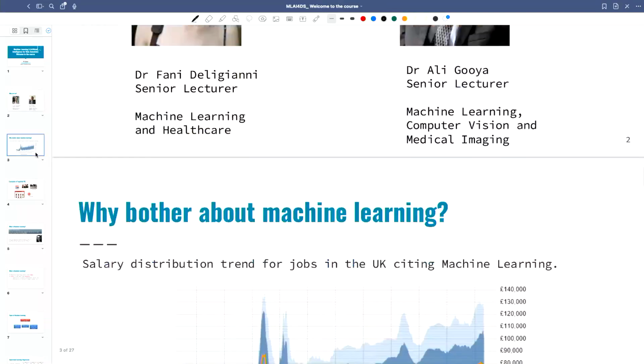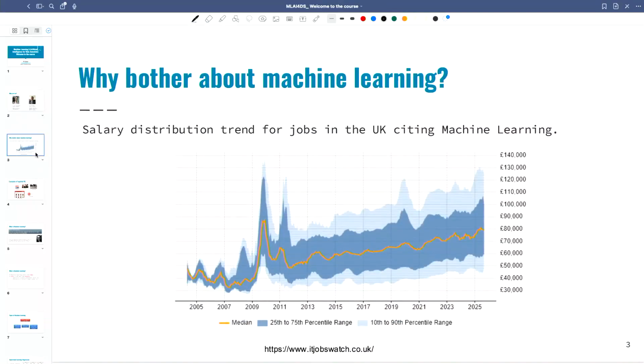Let's see. All right, so the first question that comes into my mind, and maybe your mind, is why we should bother about machine learning? Of course, this is kind of a teaser, okay? Machine learning is very beneficial at the moment. In this new era, Andrew Ng, who is a professor at Stanford University and might be known to many of you, a real figure in machine learning, says he believes that machine learning is the new electricity.